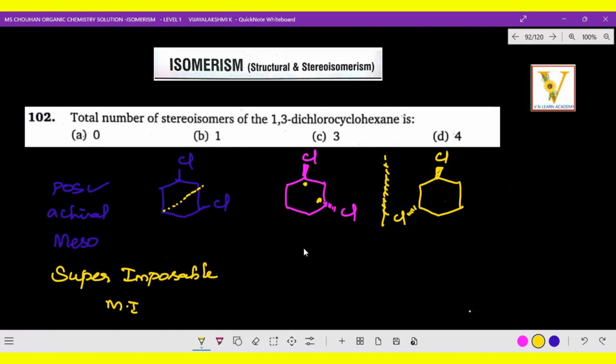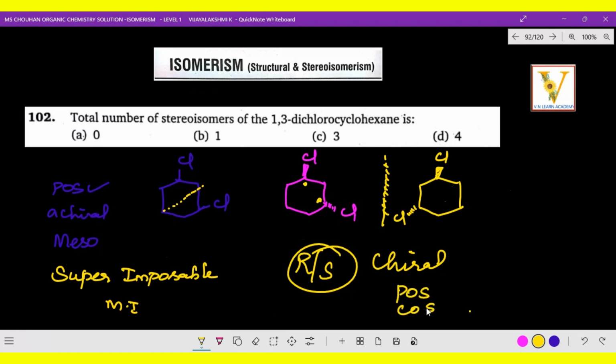Here the R,S configuration is possible because it is a chiral compound. Chiral compound means plane of symmetry and center of symmetry are absent. So these are two enantiomers.